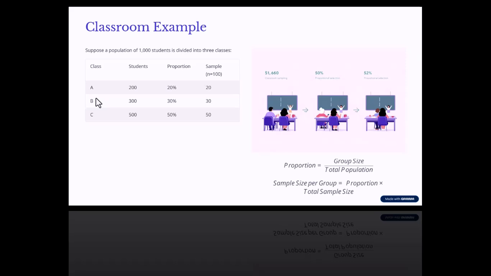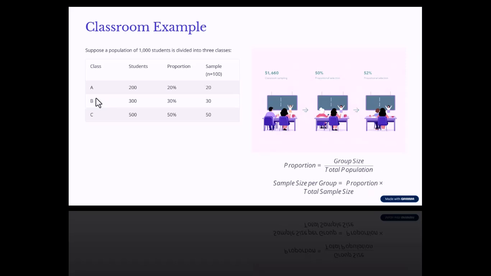So if you want to take a sample of 100 representing the three classes, 20% of 100 is 20, 30% is 30, and 50% of that 100 is also 50.